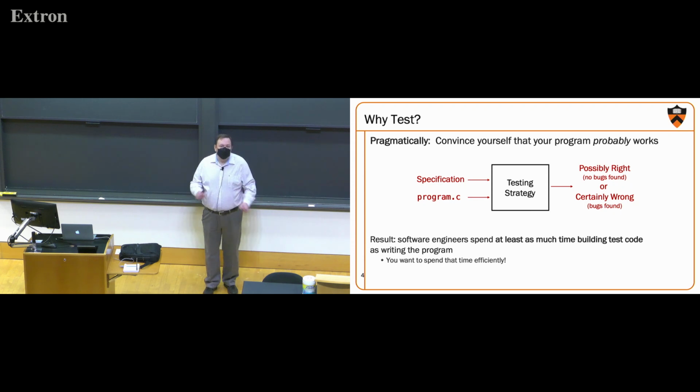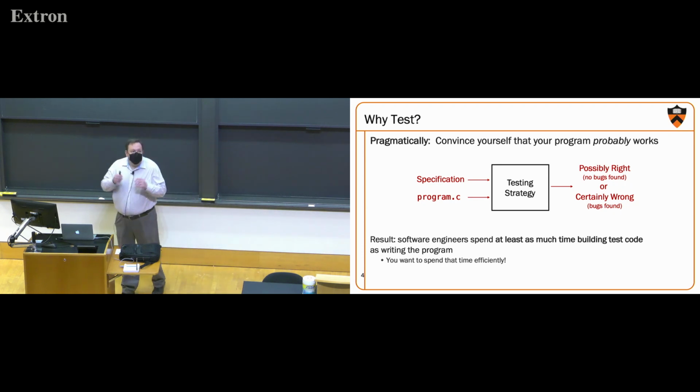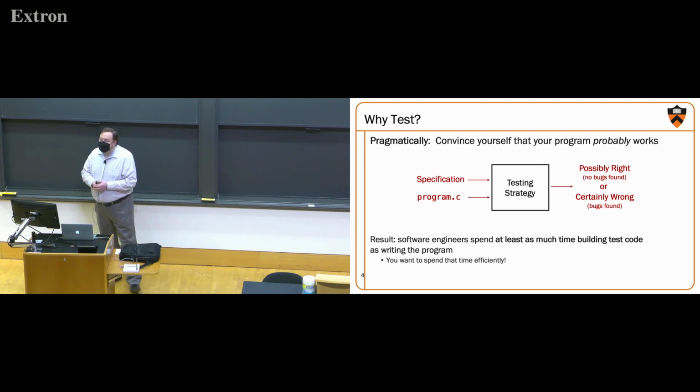Literally, you don't get to check the code in unless you have test cases that you're checking in. So you're going to spend a big chunk of your time testing code, and you want to be efficient. So today is all about what are some strategies for doing program testing.